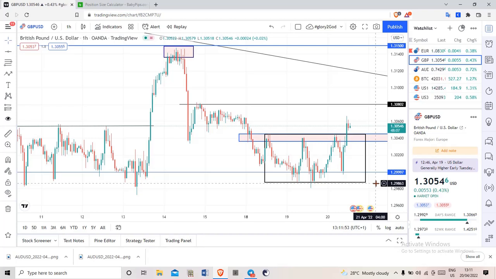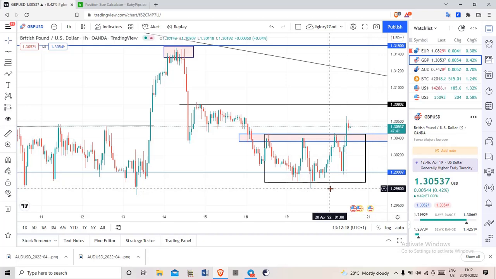So in your actual trading chart, the round numbers go between 50 pips. You can do 100 pips. But the difference from one psychological level to a successive psychological level is 50 pips.